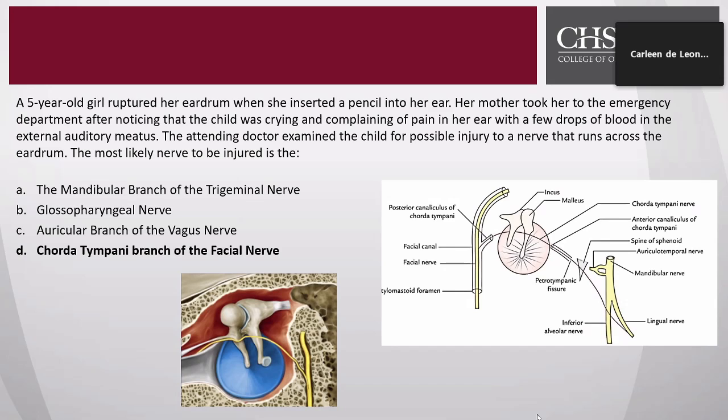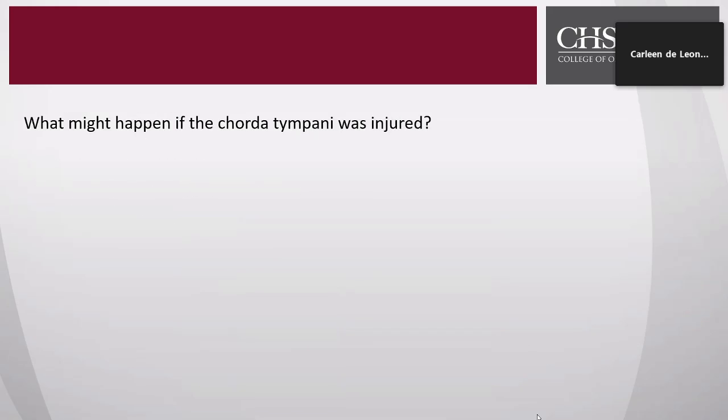I think you did learn this in one of the TBLs. So if your chorda tympani branch is actually damaged, what can happen? Loss of taste. Yes. What part exactly? Anterior 2/3.